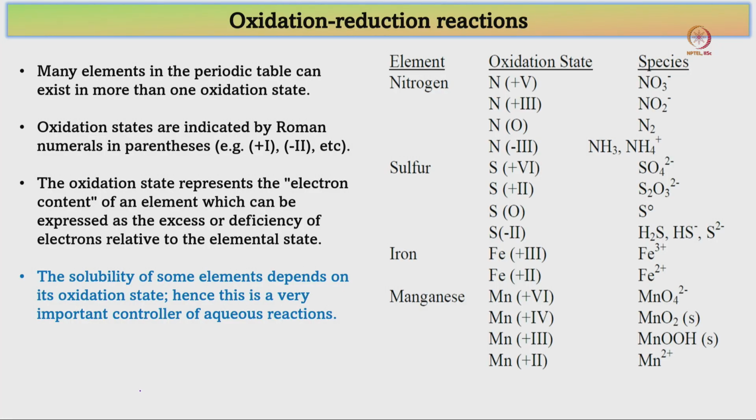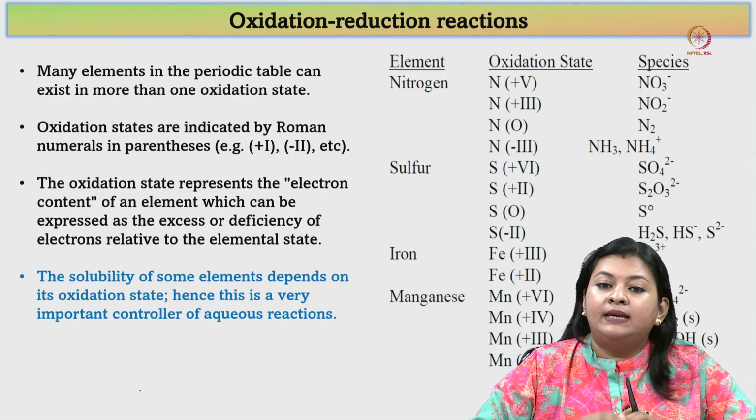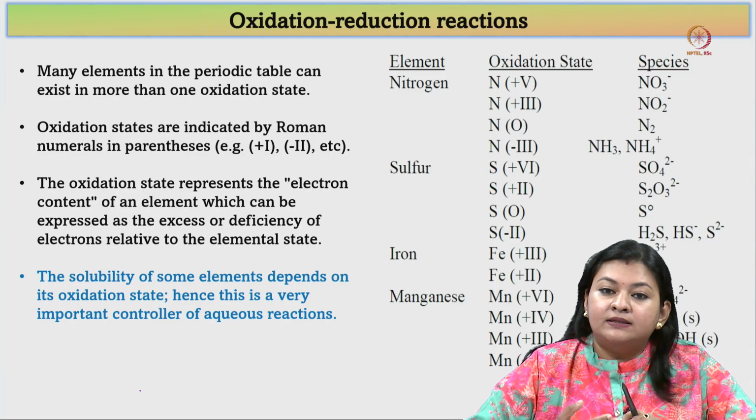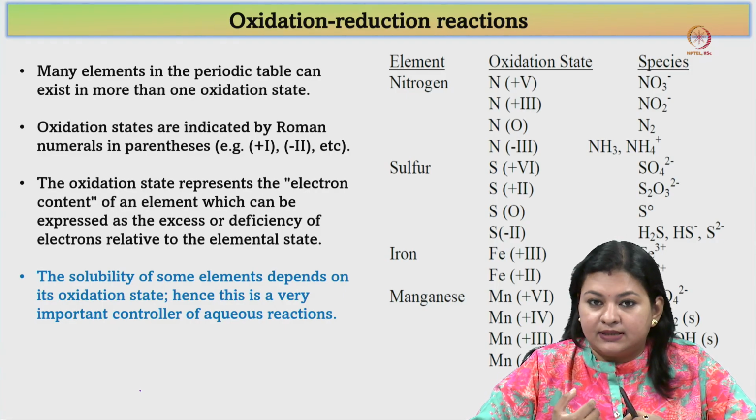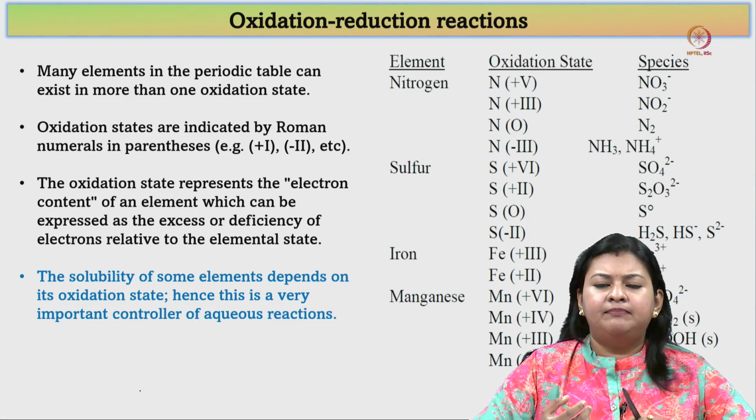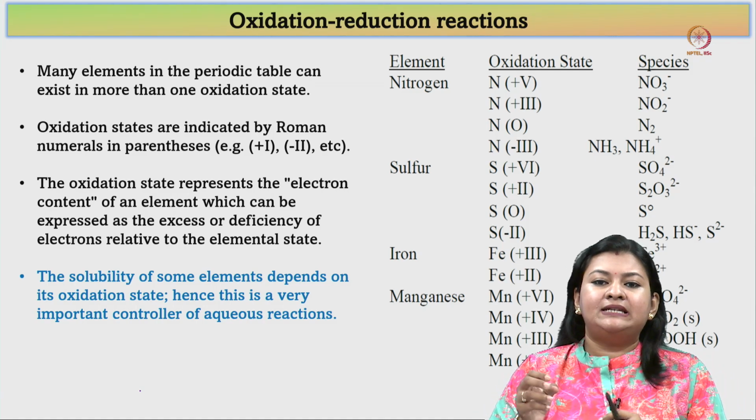Now, many elements, especially those in the transition group and in anion forms, can exist in multiple oxidation states, because that depends on the number of electrons they are exchanging.